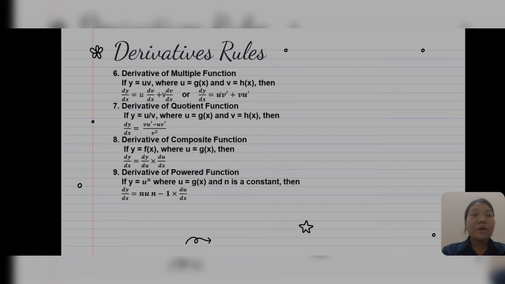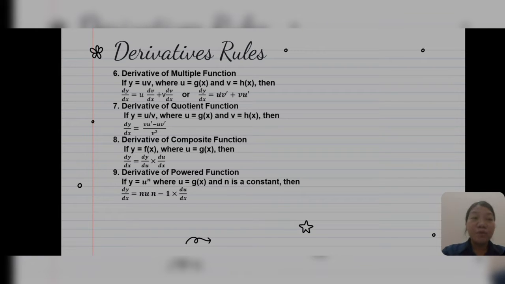The sixth one is the derivative of a product of functions. Here the function is y equals u times v, where u is a function g(x) and v is h(x).